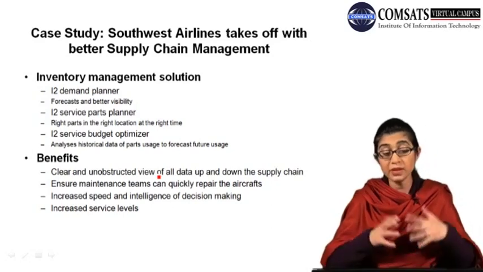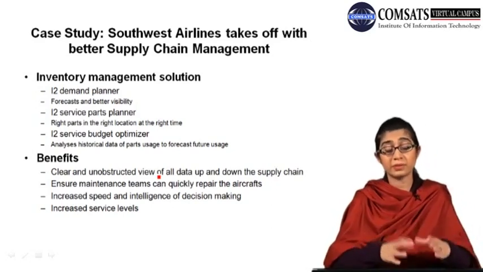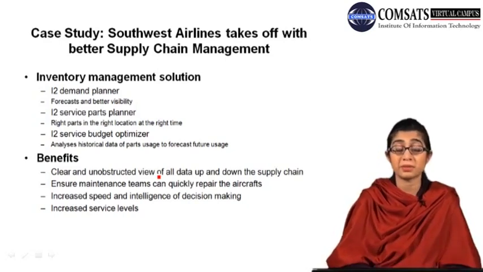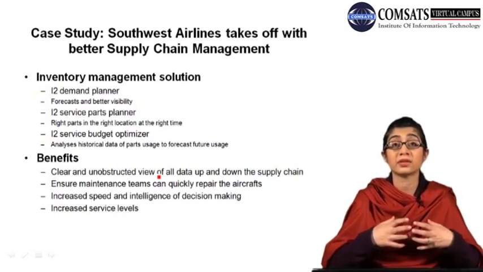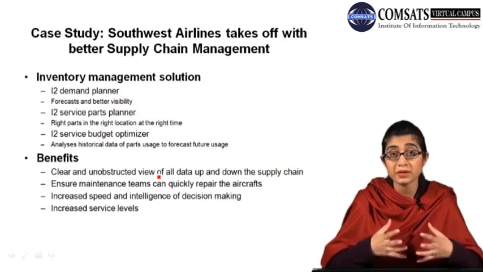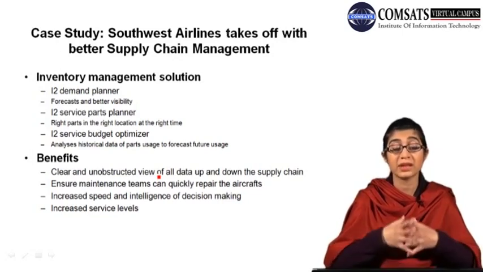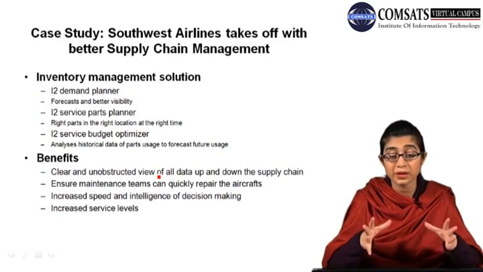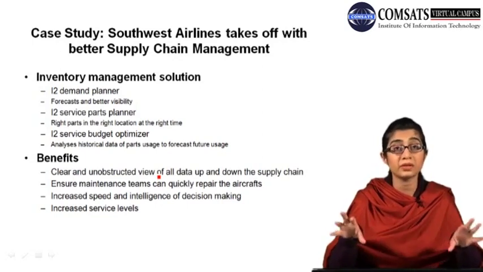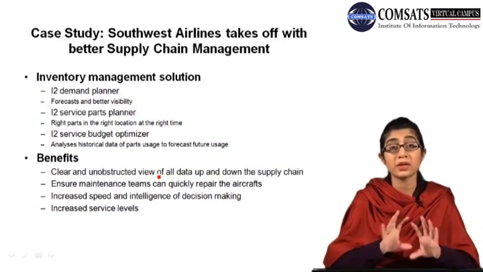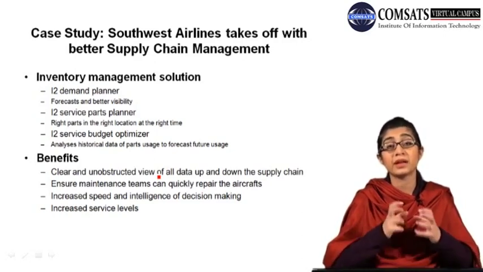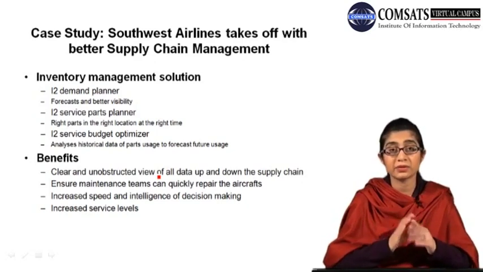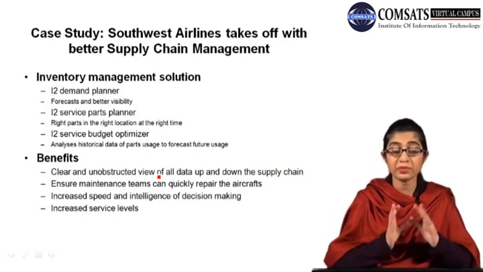So, the benefits of implementing that supply chain management system were that they achieved their different benefits. Number one was a clear and unobstructed view of the data up and down the supply chain. Throughout the supply chain the data was now visible because they were using the systems to gather the data and provide the information in a timely manner.